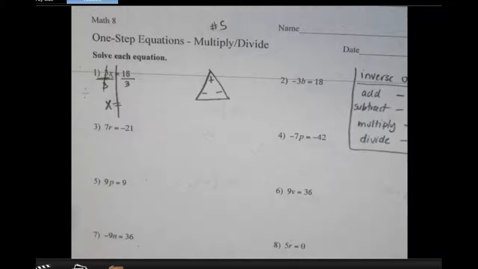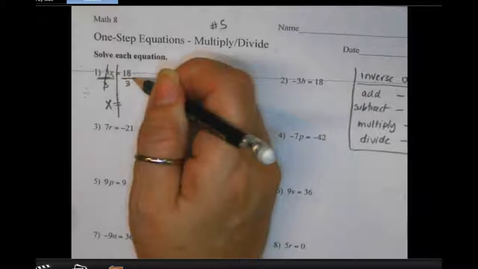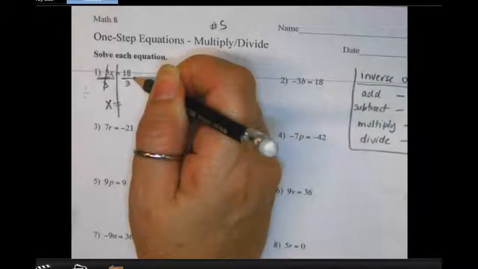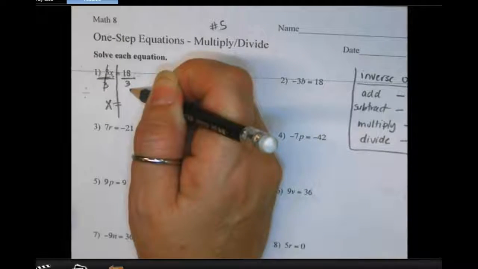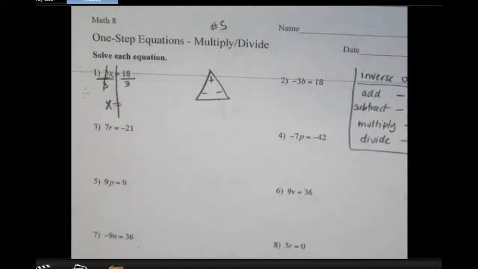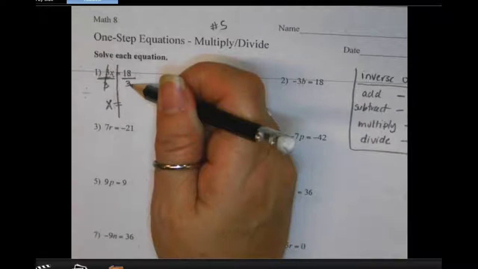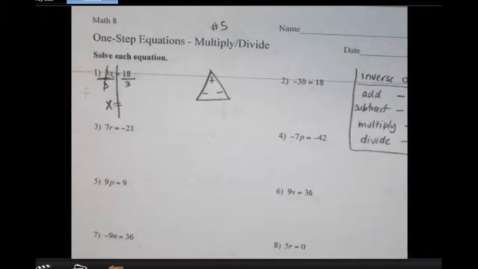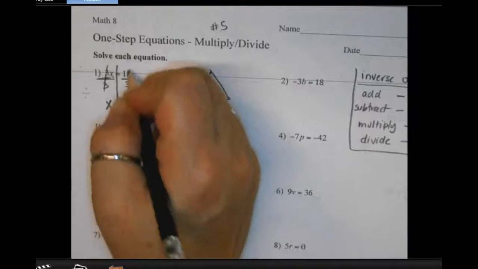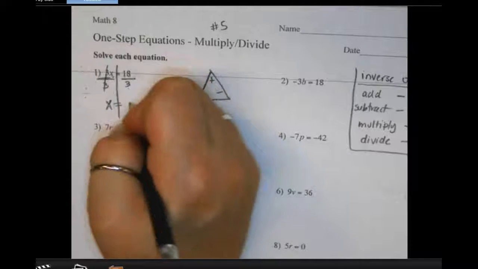1. So now this problem on this side says 18 divided by 3. So you're going to go ahead and take your multiplication charts or your calculators, and say, what is 18 divided by 3? Yeah. 6. 18 divided by 3 is 6.